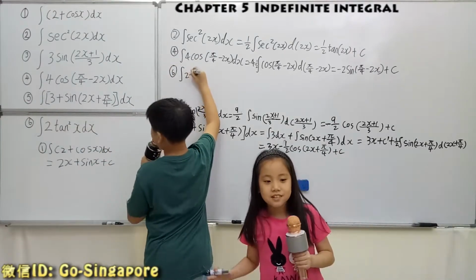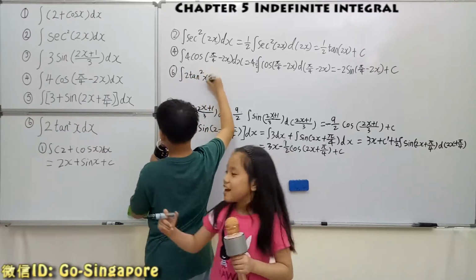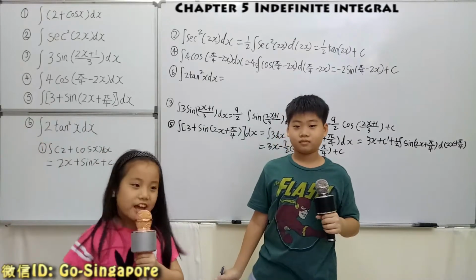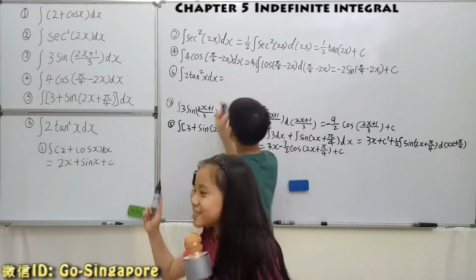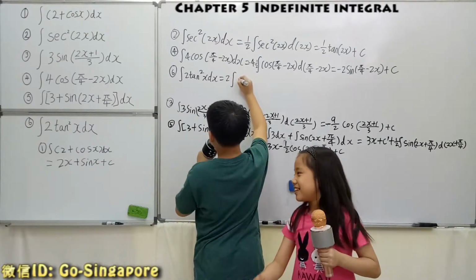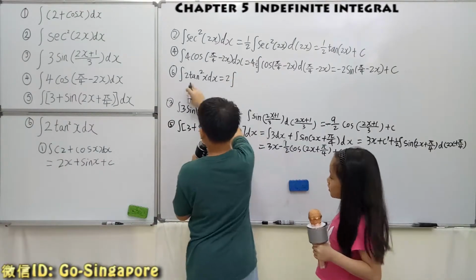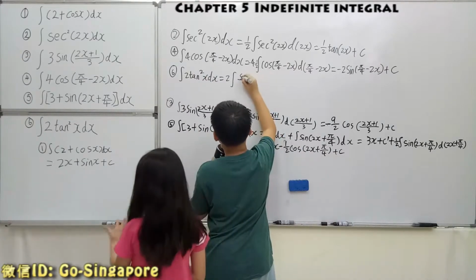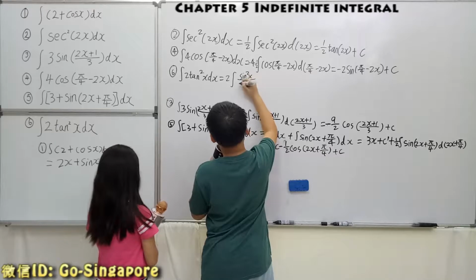Then nearly to the end for this, but not the end of this lesson. We are also nearly at the start for our own questions. So this will be 2 integral tangent square x. We can write it as sine square x over cosine square x, and here's the dx.